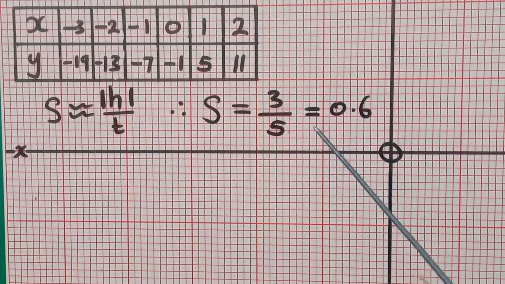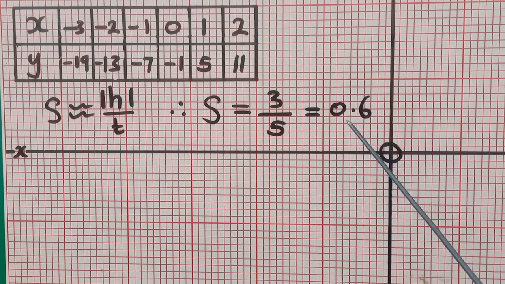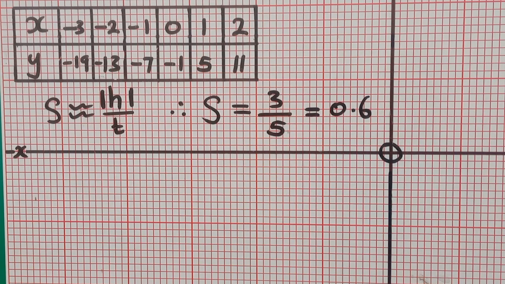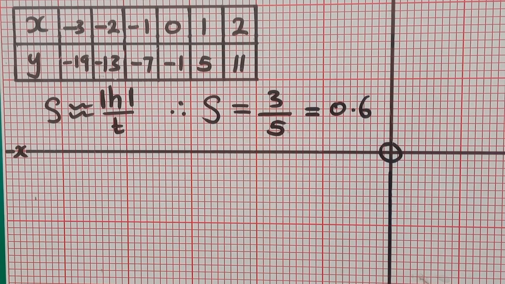Now we see that the scale is equal to 0.6. Please confirm. 3/5 is equal to 0.6. Confirm. At this point, please, do you think that this 0.6 is among the preferred scales? Yes, it is. That means we can start using it.